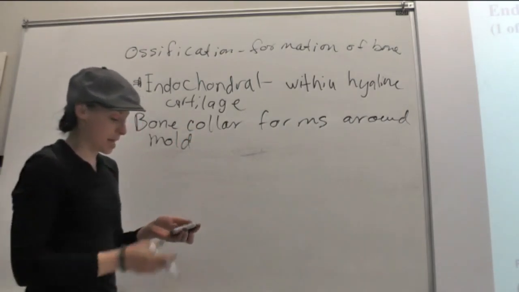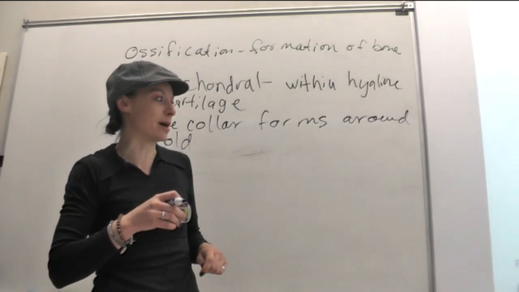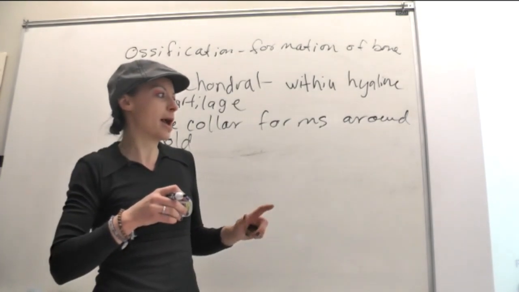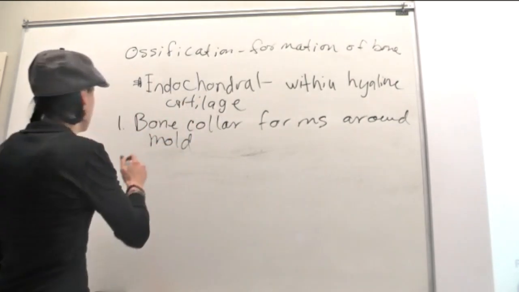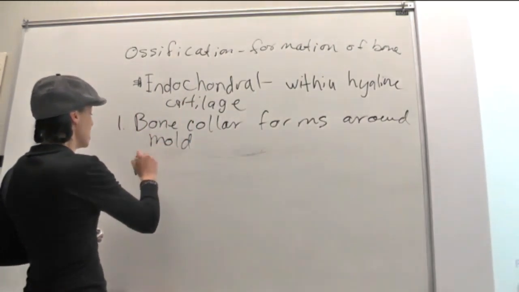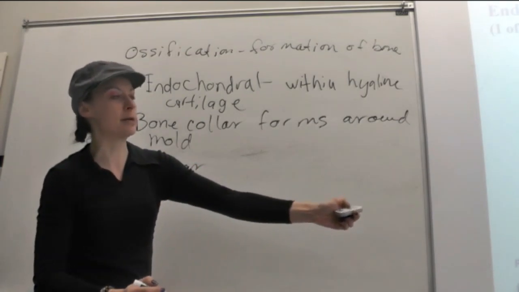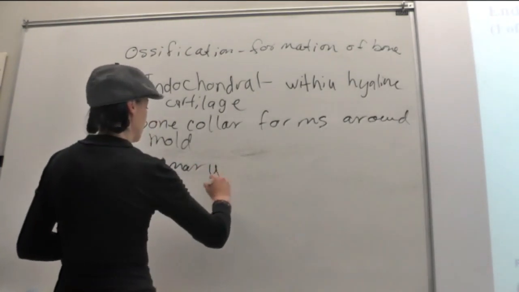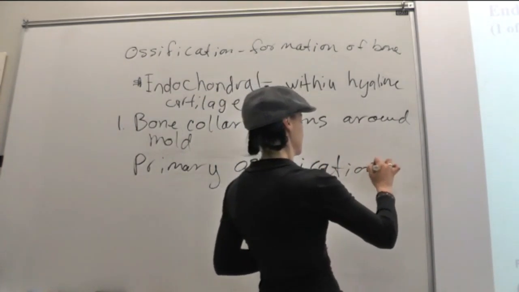And then what we'll see is that some of those cells in the center are going to form what we call a primary ossification center. And this is going to be where we start ossifying this tissue. So the other thing we could say for step one is that a primary ossification center develops in what's going to be the diaphysis.